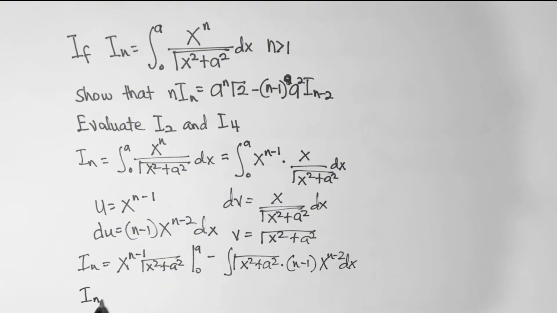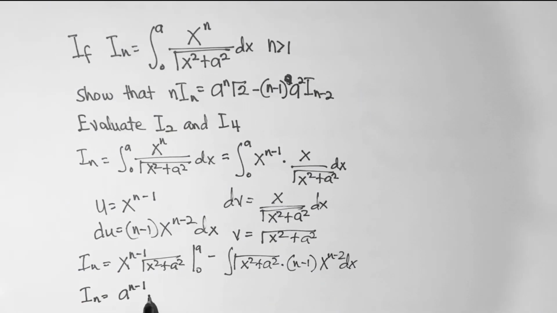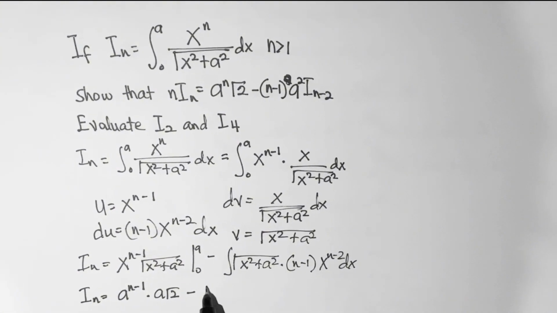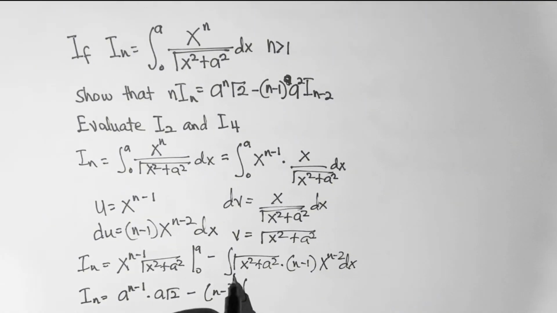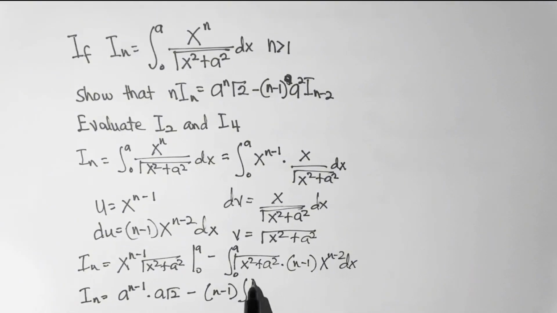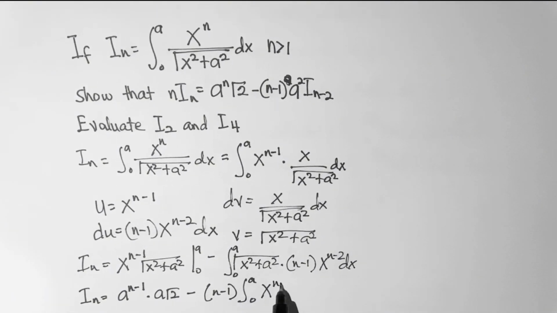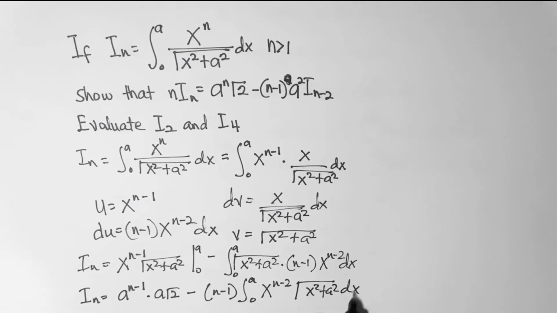So I of n is equal to a exponent n minus 1 times, here is a root 2, then minus, now what we can do is that we can bring out n minus 1, so minus, bracket n minus 1 integral of, here 0 to a of x exponent n minus 2, then square root of x squared plus a squared, then dx.